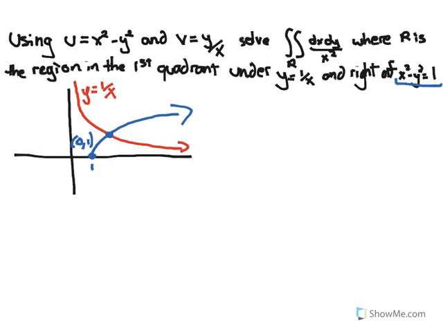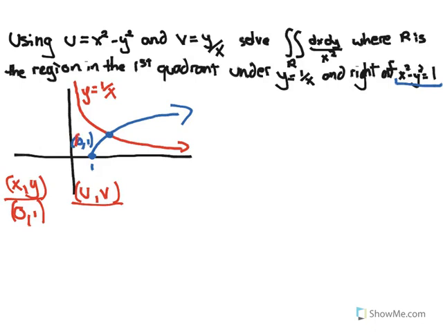Well, first I would go to the points of intersection to figure out the boundaries of our region. If we were to map a point from x, y to u, v, you can just sub it into the equations.